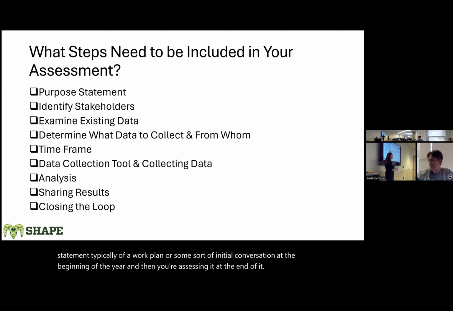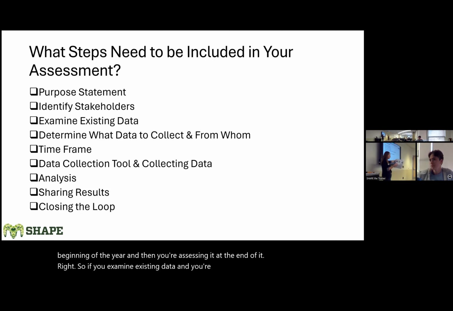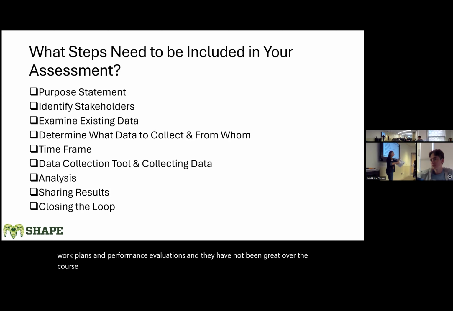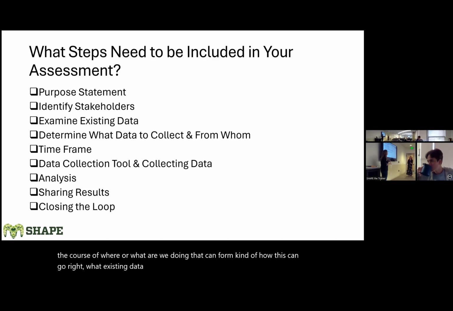So if you examine existing data and you're like, oh, we have all these work plans and performance evaluations, and they have not been great over the course of the year, what are we doing that can inform how this can go? What existing data exists? And don't reinvent the wheel. You know what I mean?